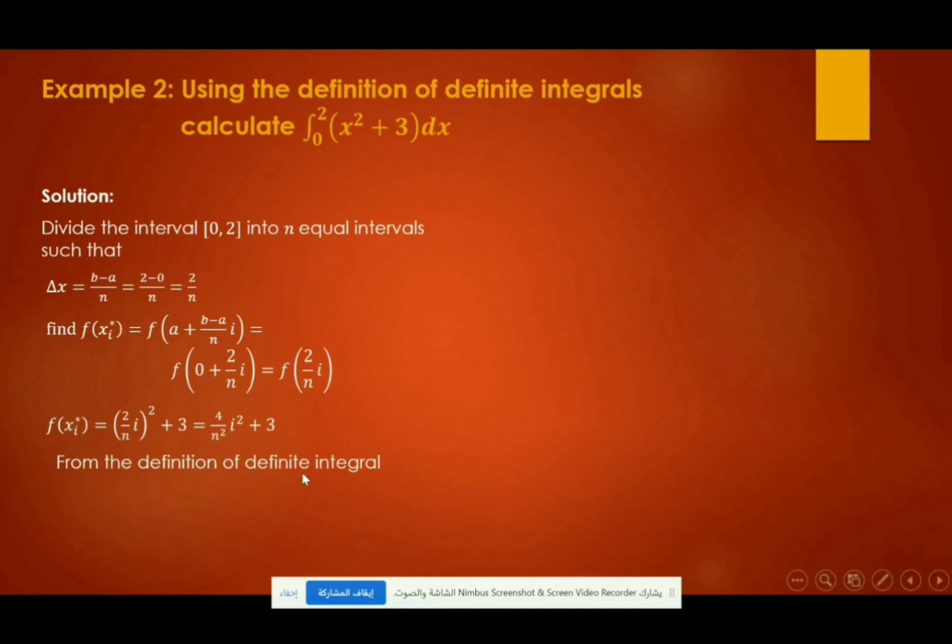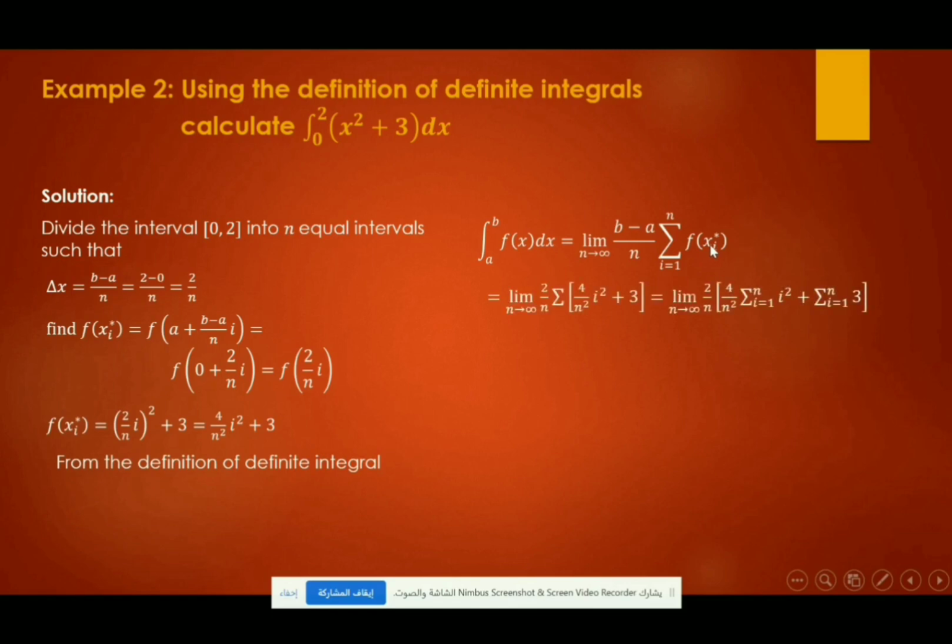From the definition of the finite integral, you are supposed to remember that the integration from a to b of f of x dx is equal to the limit when n approaches infinity of the width, b minus a over n, and the summation i till n of f of x, which is the length. Now let's see. That will give us the limit when n approaches infinity of 2 over n, which is the width, multiplied by the length.